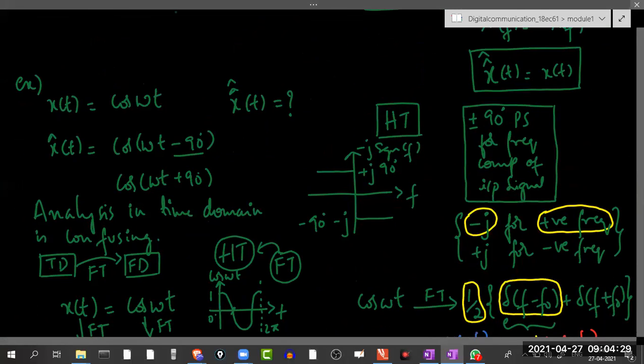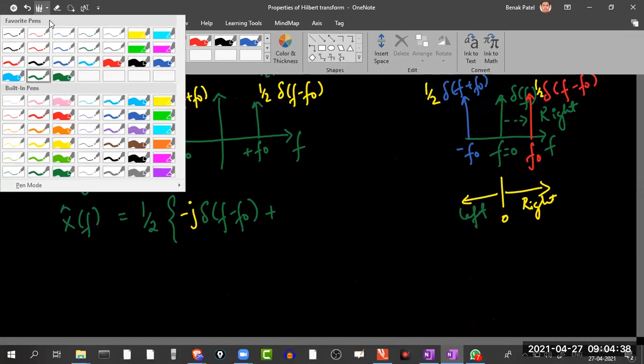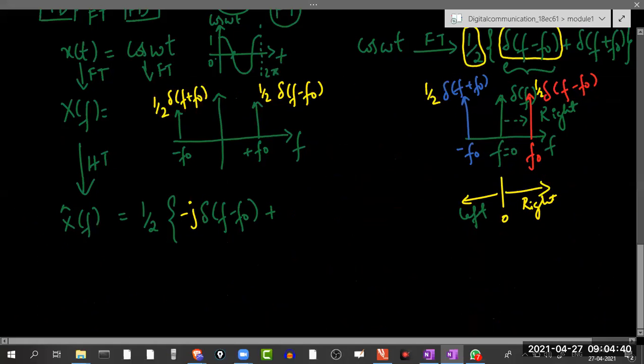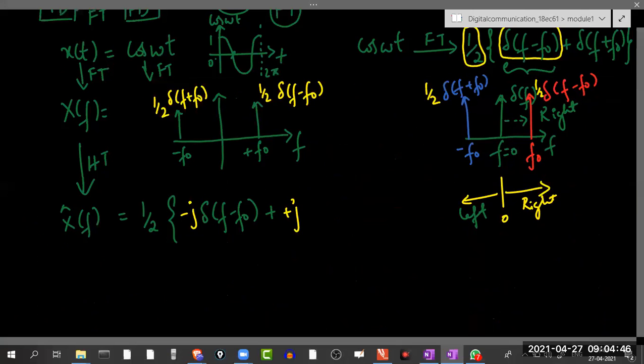Positive j. It should be multiplied with positive j. So here it's positive j delta f plus f naught.